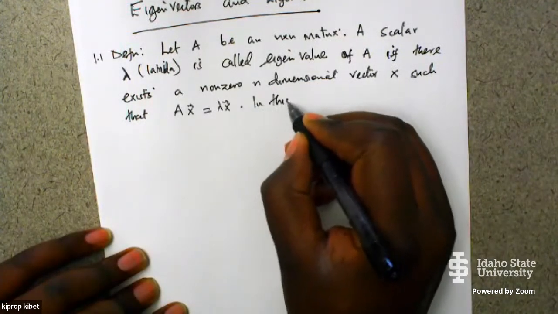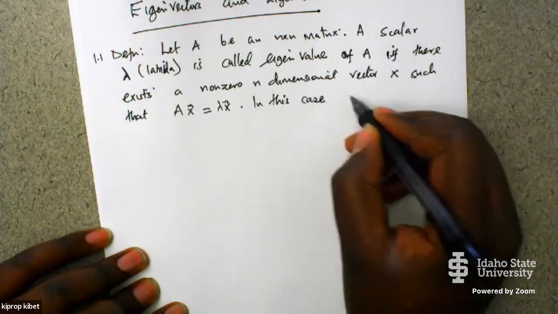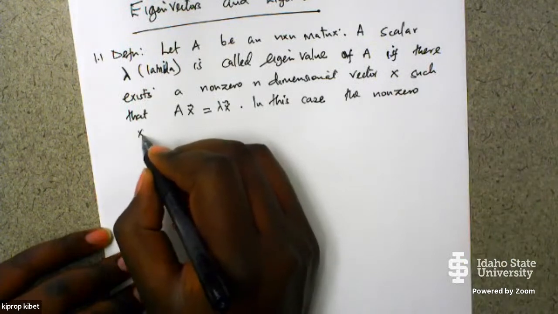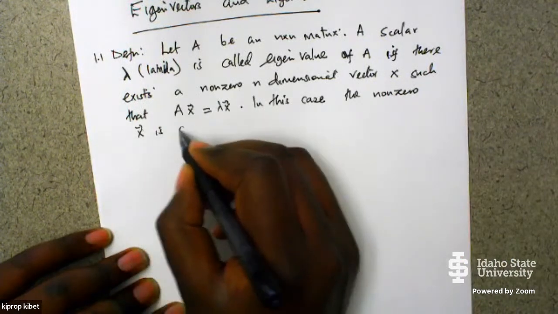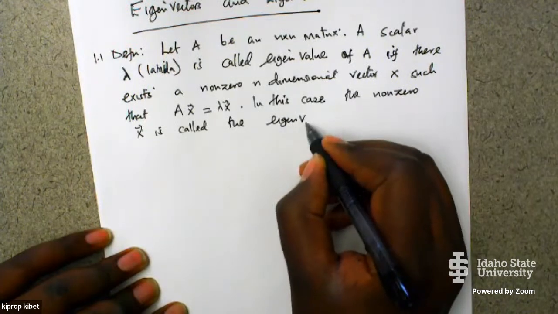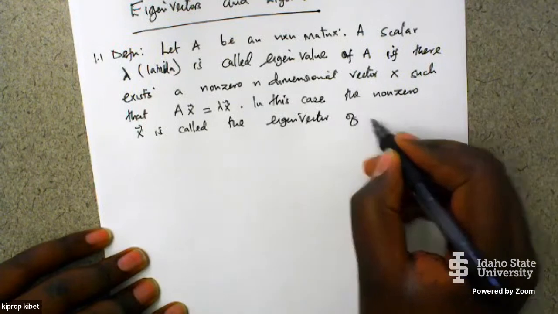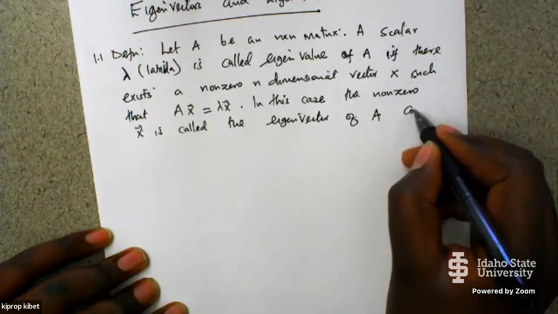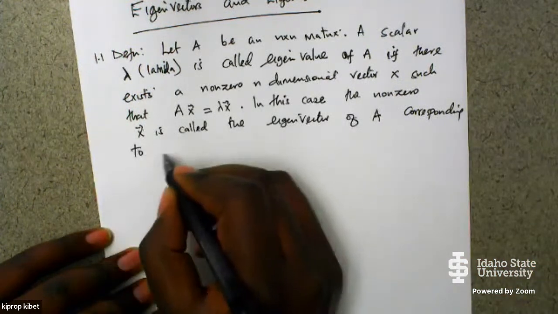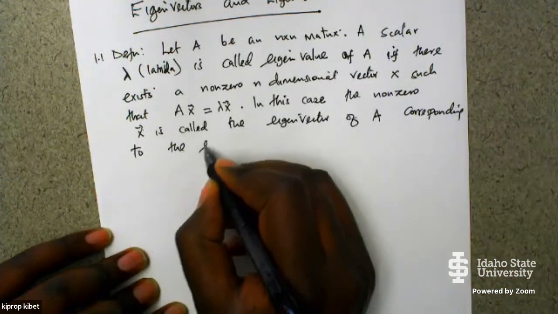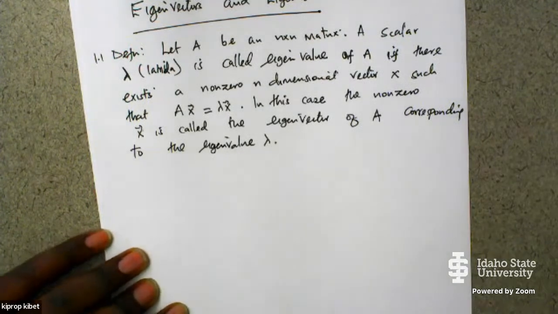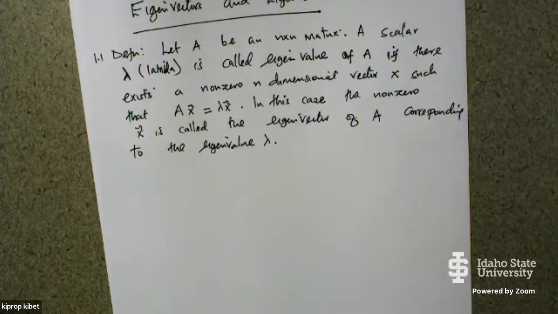In this case, the non-zero X is called the eigenvector of A, corresponding to the eigenvalue lambda.